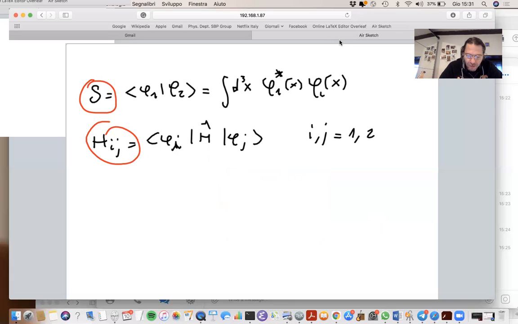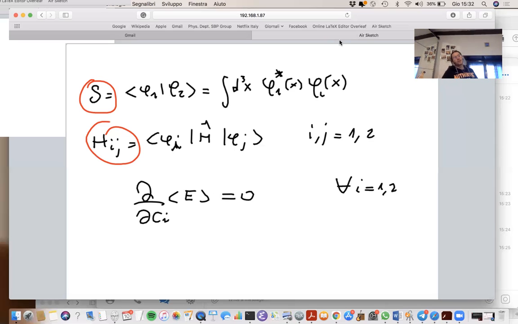Now, all I want to do is to take my expression for the expectation value of the energy, which I just derived on the previous page, a few seconds ago. Remember, this is an expression that ultimately is a function of the coefficients C1 and C2, and take the derivative with respect to Ci and set it to 0, i equals 1 and 2.